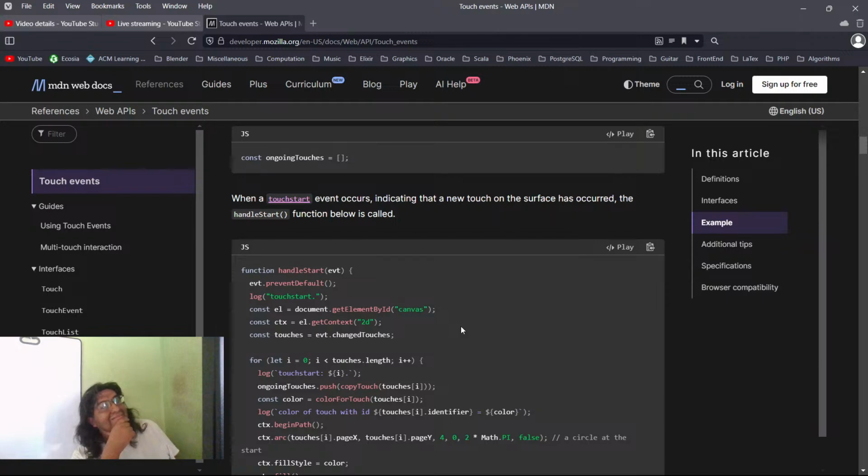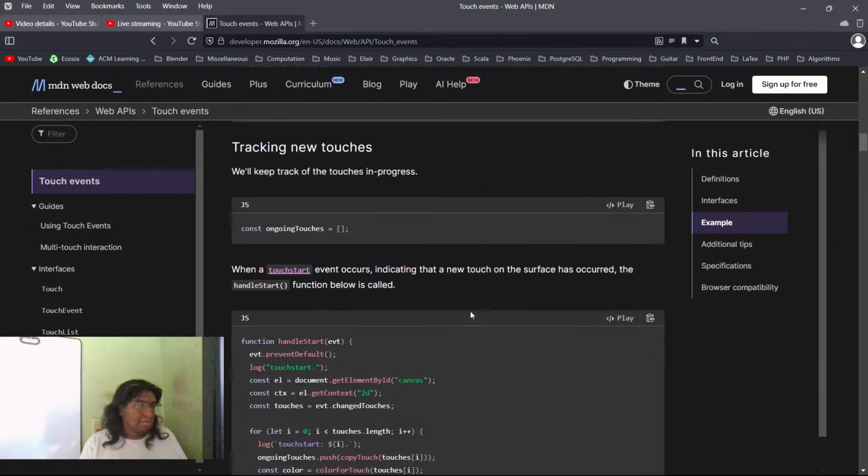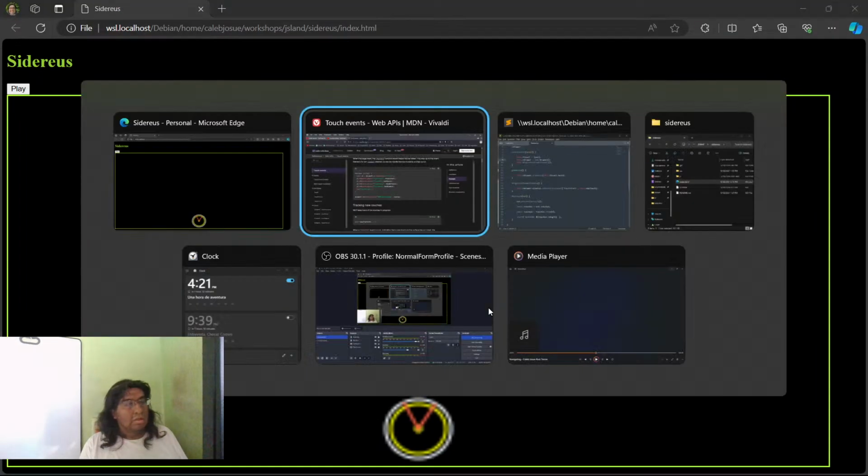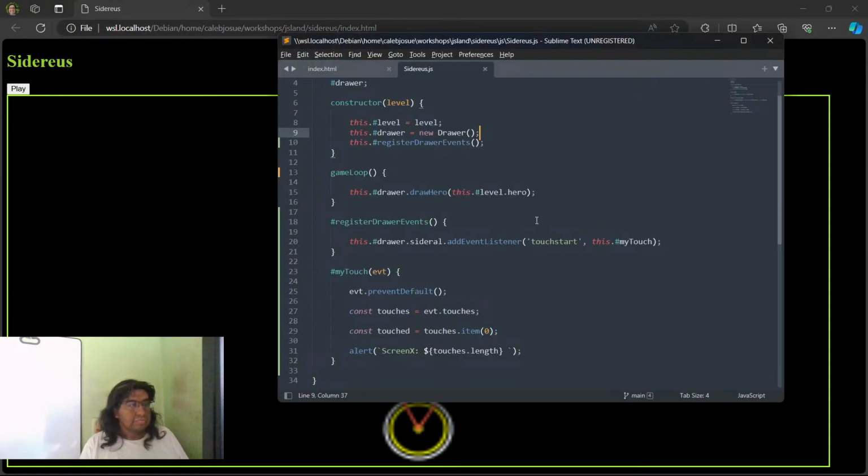How can we do this? It's hard, you know. Move, move hero.